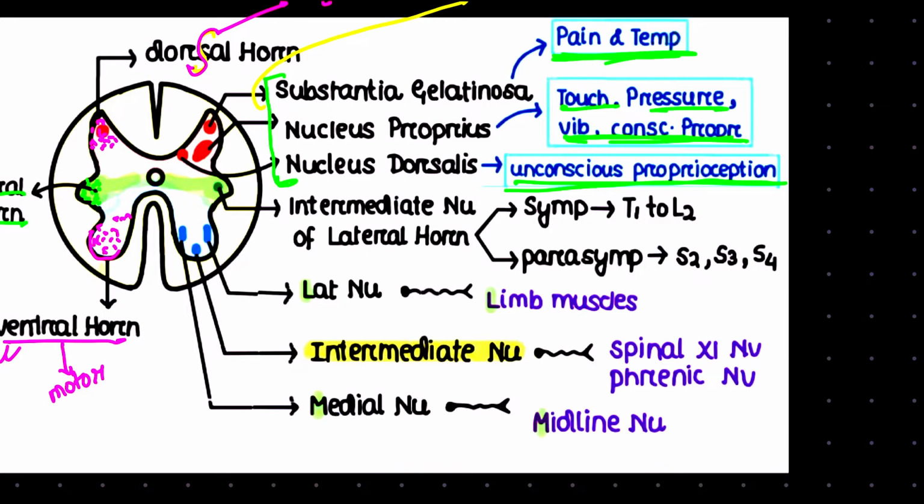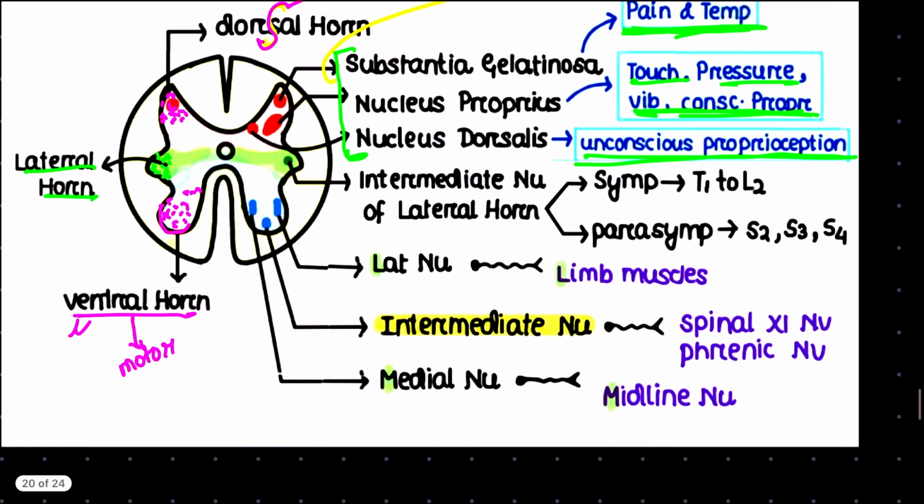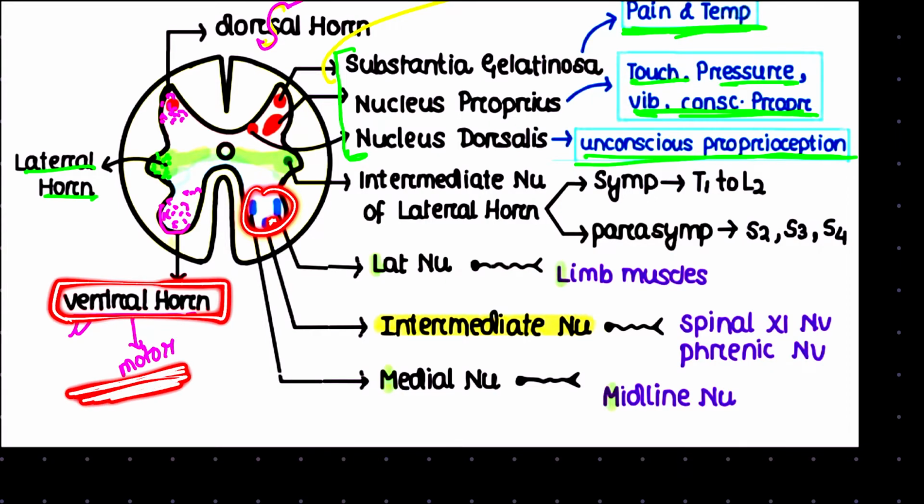So the lateral nucleus will carry impulses to limb muscles. Since these are the nuclei of the ventral horn, and we know the ventral horn is motor in nature, they will carry impulses from higher centers to the effector region.